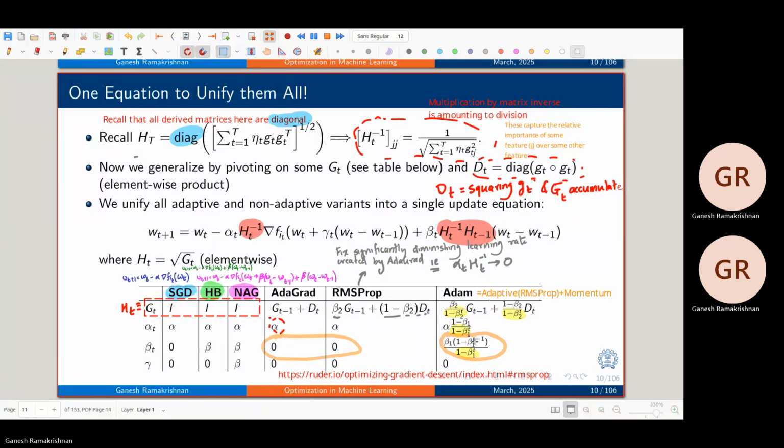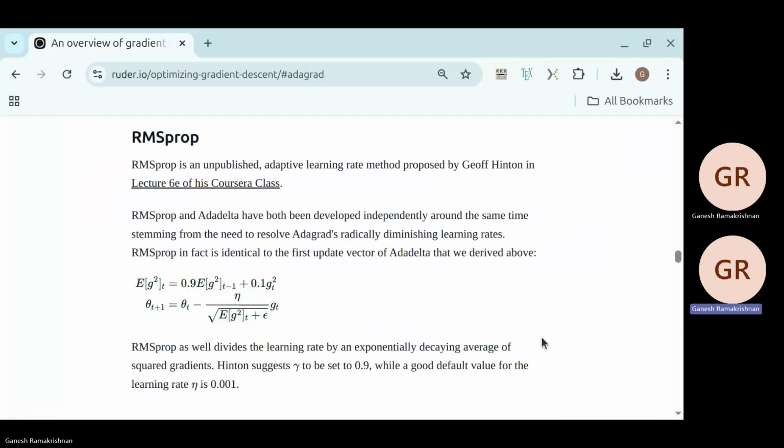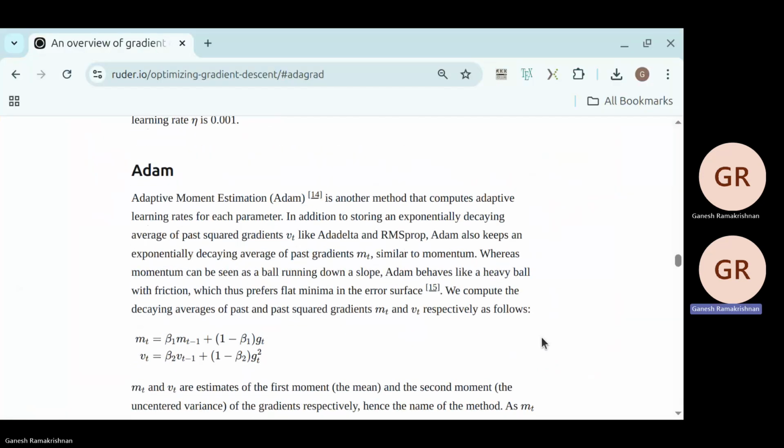Smaller. The whole update goes up, so it doesn't die out. Alpha and beta would die out, right? And so will the G t minus 1 and G t. Okay, so let's go to rudder.io and we'll directly jump to Adam. In fact, we'll spend more time on Adam in the next slide as well.